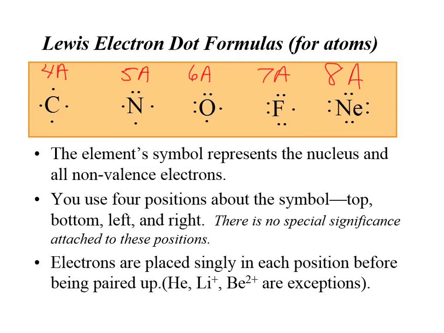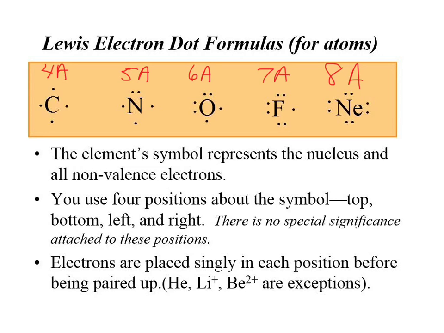The slide goes on to say that it looks like you have a north, a south, an up and a down, a left and a right, like a west and an east. There's no significance to those. So for instance, if we pick on neon, there's no awesomeness about the top electrons that doesn't exist with the left or the right or the bottom.